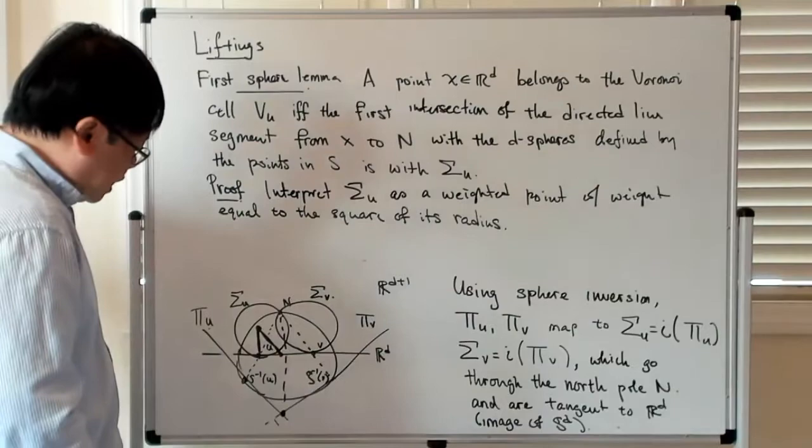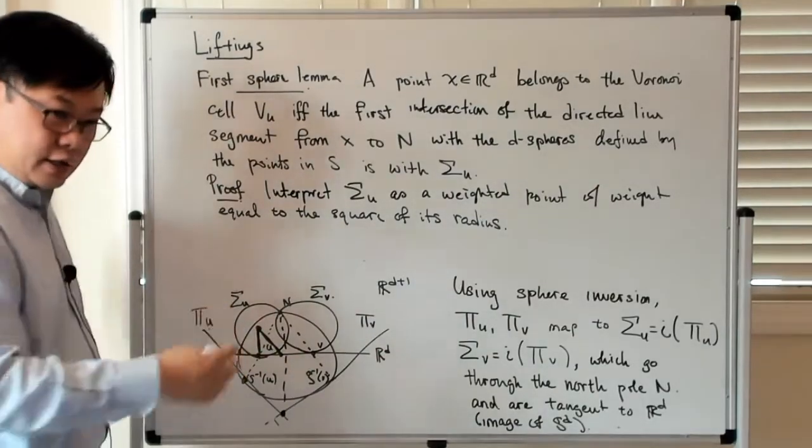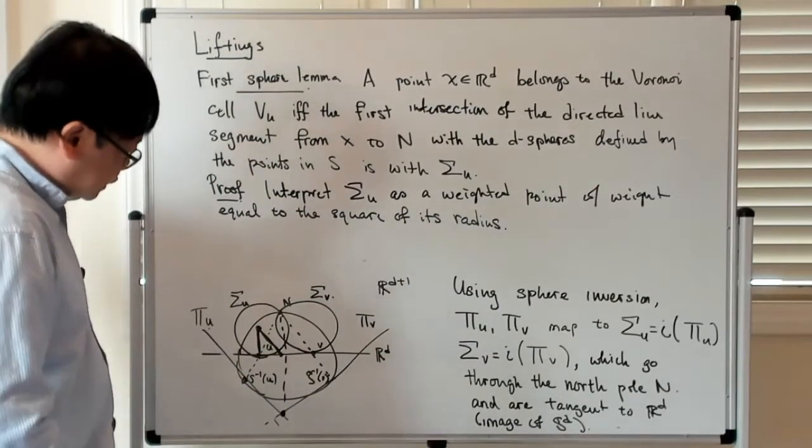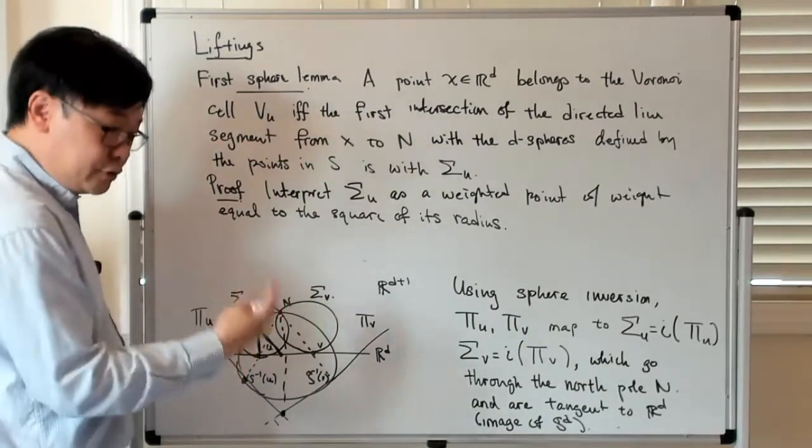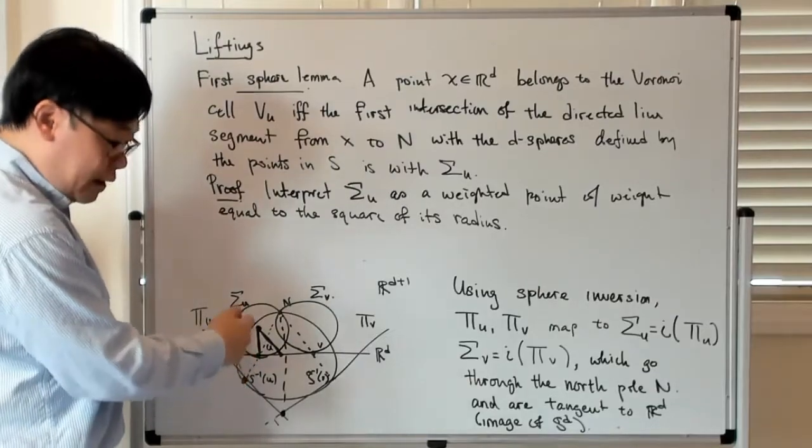But I'm using this weighted square distance where I subtract the weight, which is the square of the radius.